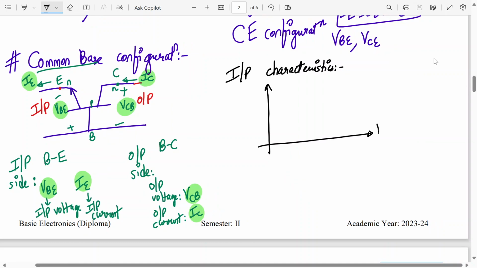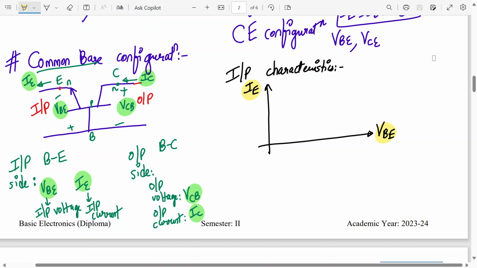So it will be VBE versus IE. Understanding or no? Input current versus input voltage. Okay? Are you following this? You are able to understand how we have written these terminals?